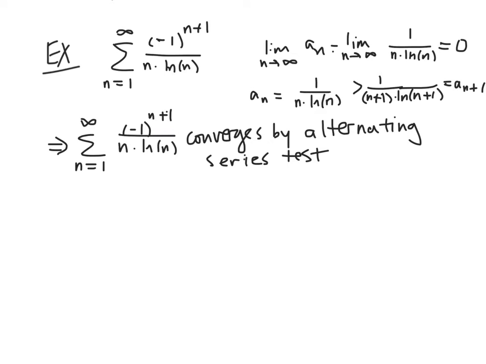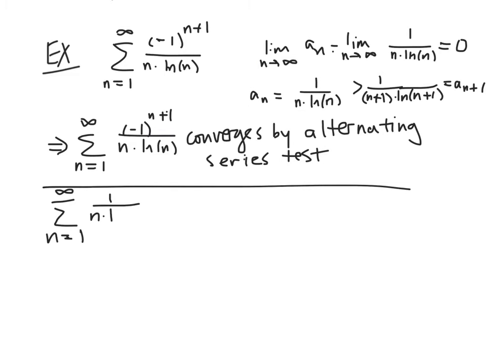Now we need to look at the series that involves the absolute value of the terms. So if I look at this sum, that is, I remove the alternating part, you can look back in your notes. You actually calculated this before. This series diverges, but you need the integral test to show it.